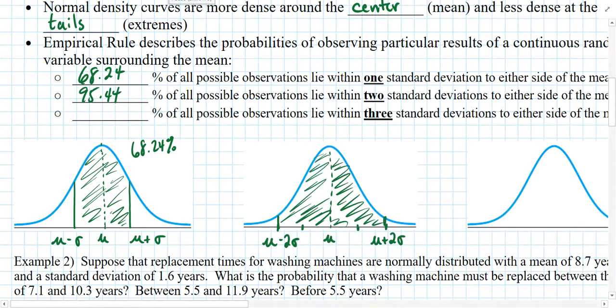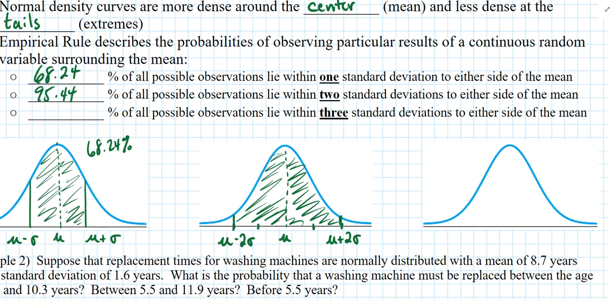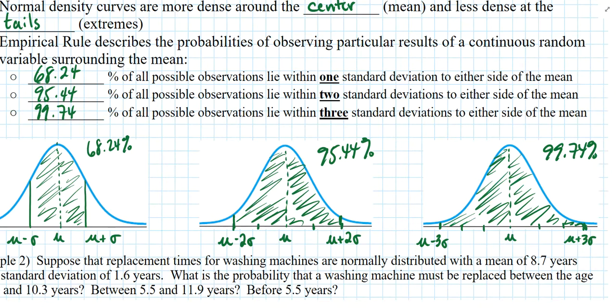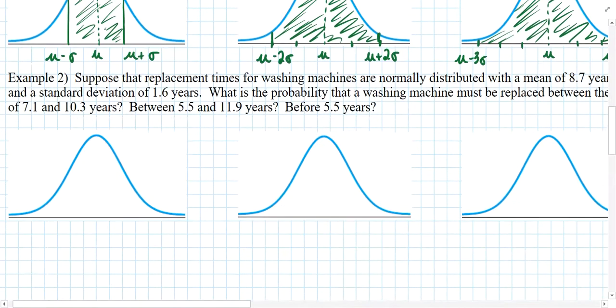And it states that 99.74%, or almost all possible observations, occur within three standard deviations above and below the mean. The rule can be used to compute beyond three standard deviations, but it usually isn't needed.